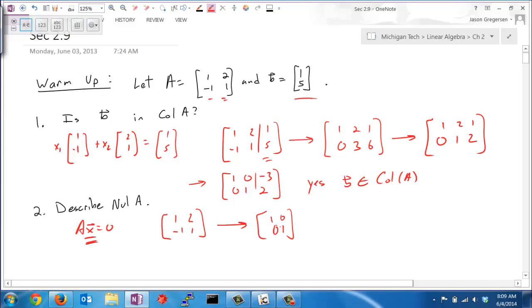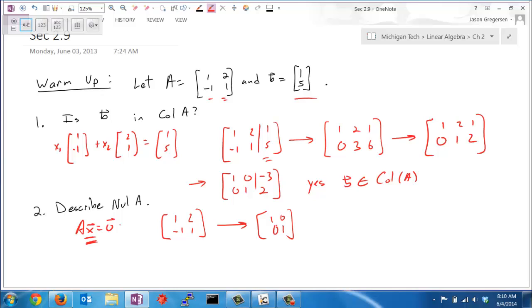And so what does that tell us about the solutions to AX equals 0, the 0 vector? So what would the solutions be, though? How many solutions are there? One solution.